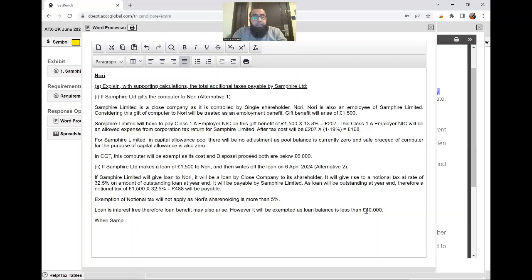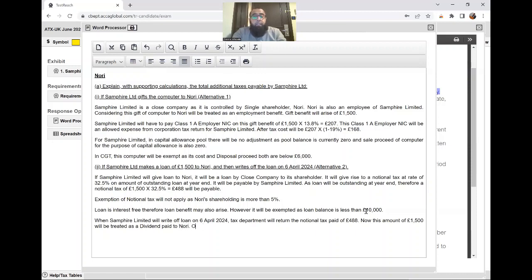When Sapphire Limited writes off this loan on 6 April 2024, the Tax Department will return the notional tax paid of £488. Now, this amount of £1,500 will be treated as a dividend paid to Nuri.